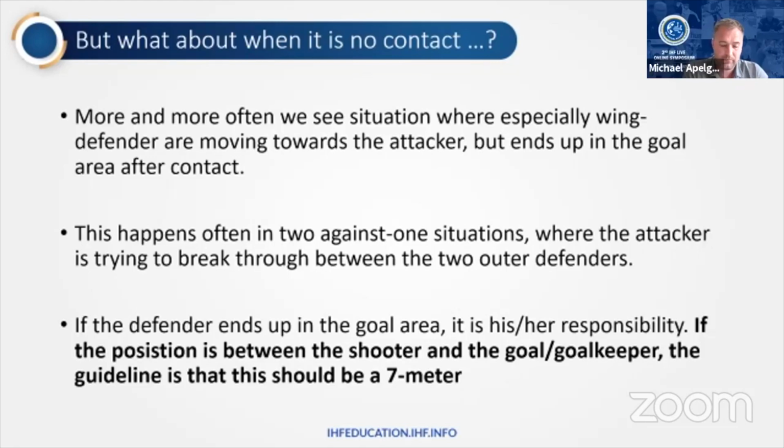That means if this defender ends up in the goal area and the position is between the shooter and the goal or goalkeeper, the guideline for this situation is that it should be a 7 meter, even if there's no contact between the defender and the shooter.